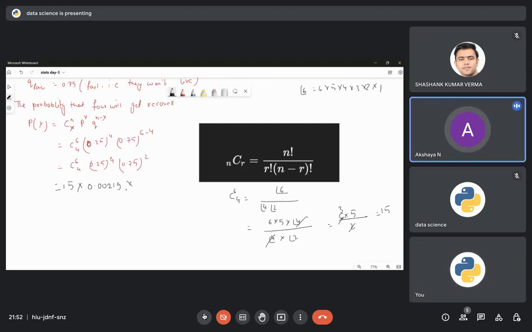No, sir, I have calculated that together only: 0.25 to the power of 4 into 0.75 square I have made. Okay, you calculated the complete thing. That's good. And multiply it with 15.